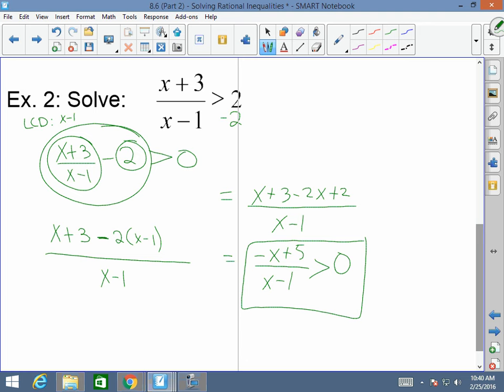But before I do, does everyone understand what I did, why I did it, and how I did it? It's fine to keep it. That's the answer. It's negative x plus 5. Don't complicate your lives. Put the answer the way it is.